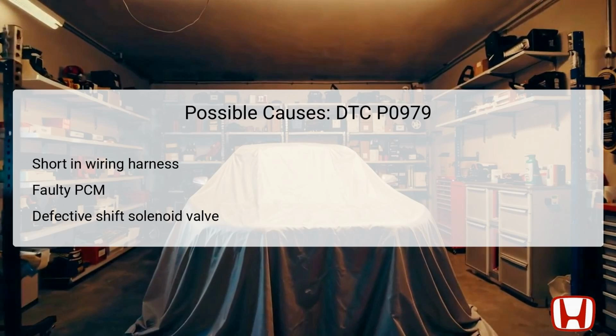Third, the shift solenoid valve C itself may be defective, leading to irregular performance or an inability to perform its function properly. Thoroughly investigating these areas during troubleshooting will facilitate a more efficient and accurate repair process. Each of these potential issues must be examined to determine the root cause effectively, ensuring a successful outcome.